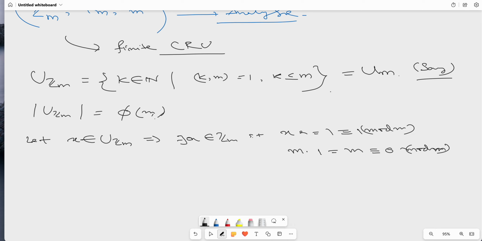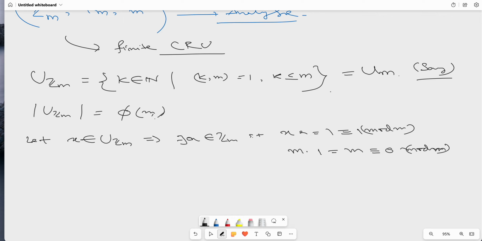This is because you are all in Zm, right? So m is congruent to 0 mod m, this is right. And because x is a unit, there must be an a inside Zm such that x a is congruent to 1 mod m, right? And also m dot 1 is m, which is 0 mod m, right?